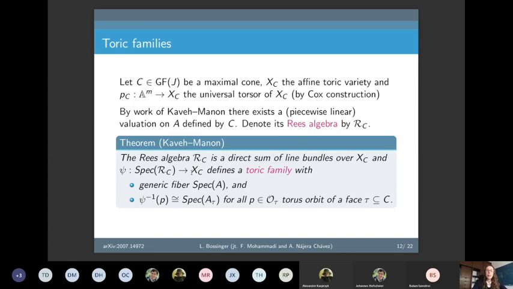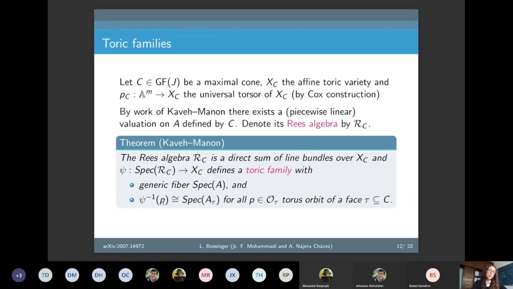First of all, this toric family has a generic fiber, the spectrum of A. But then moreover, if I look at a point in a torus orbit of xc, there's the orbit-cone correspondence for toric varieties. So the torus orbits of xc are in correspondence with the faces of my cone C. And within the definition of toric family, another assumption is that the fibers over points in the same torus orbit are isomorphic.